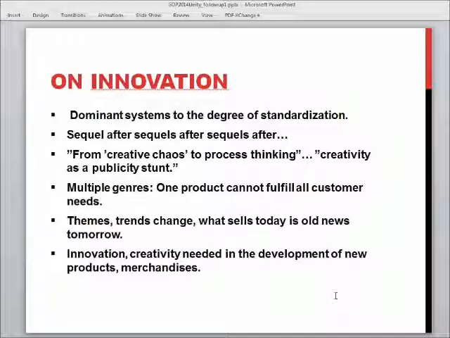So, well, of course, creativity is a really nice publicity stunt. You are free to do what you want, design what you want, and unlike the stuffed-up people in software development, you are free to do anything you want in games. So, well, of course there are limitations to that.